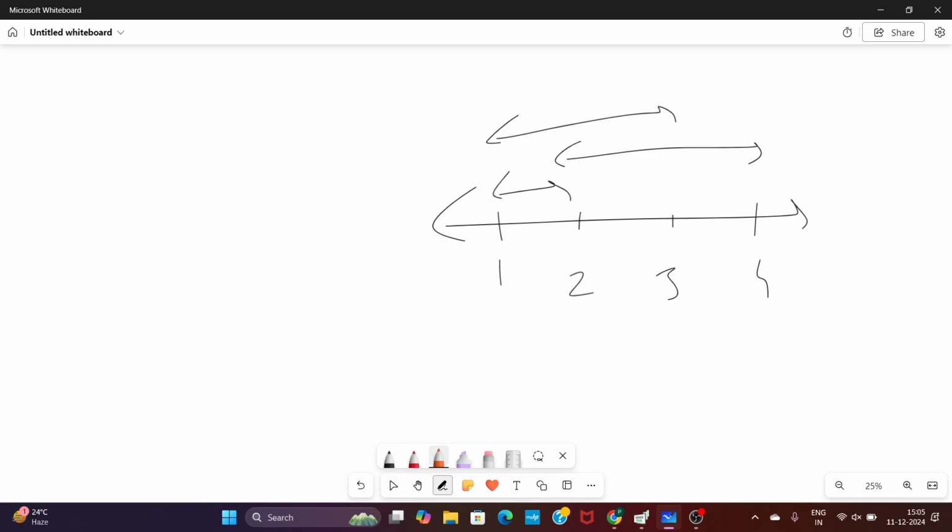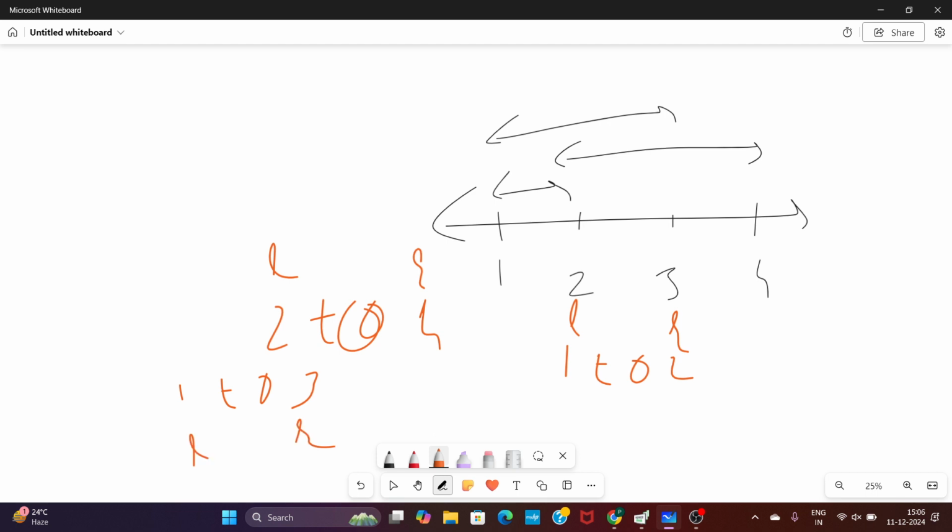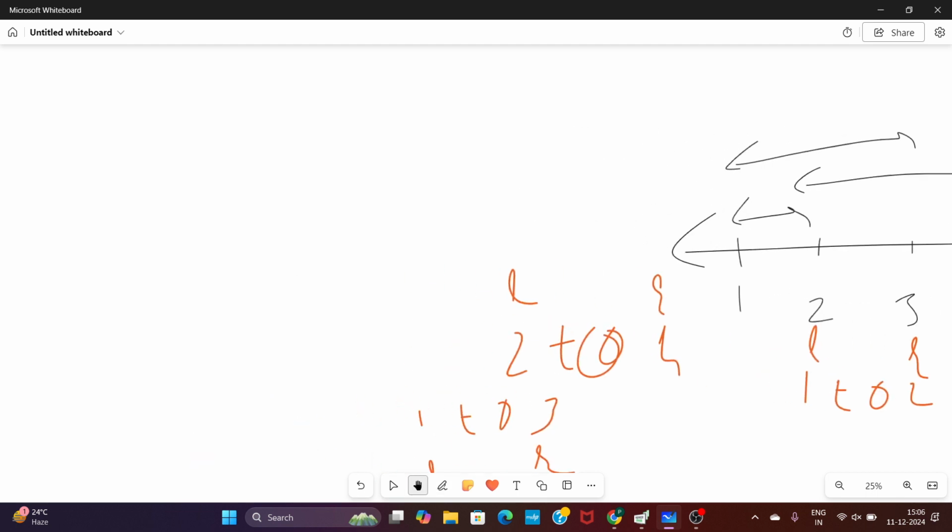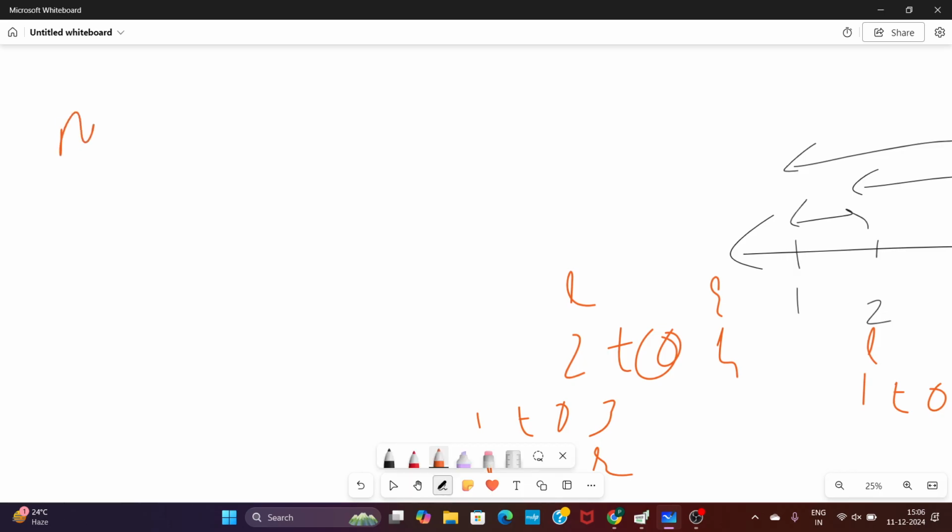So our left to right will be what? For 1 to 2 it will be L and this is R. Then for 2 to 4 our left to right will be this L and this is R. And then for 1 to 3 it will be L R. But in the question we have been given nums of I minus k to nums of I plus k.